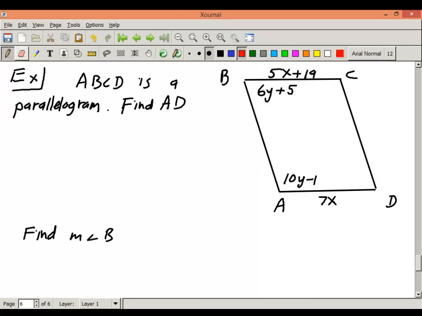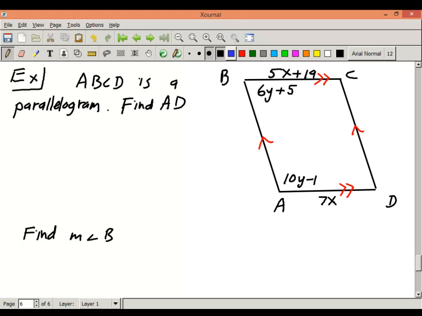So both these examples deal with this diagram right here. We're given that ABCD is a parallelogram. I should probably draw those arrows on there to show that. Okay, so we've got to find the length of side AD.